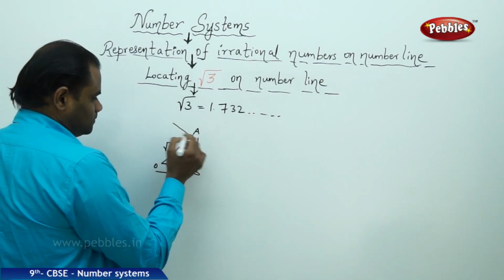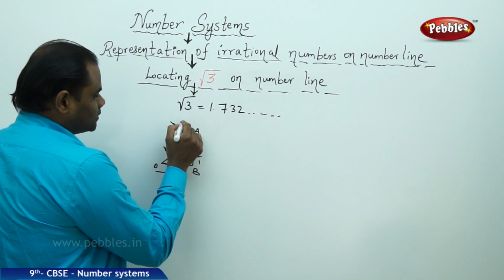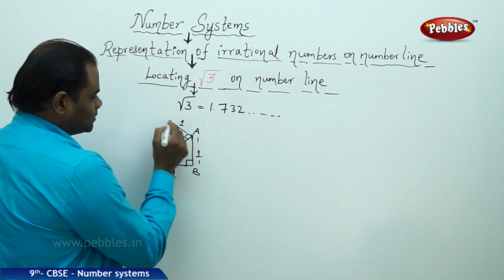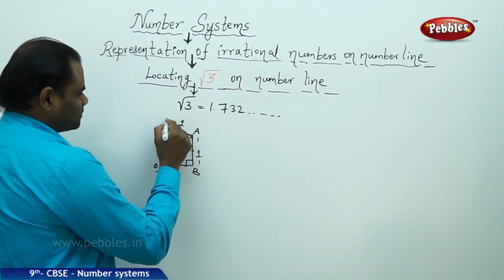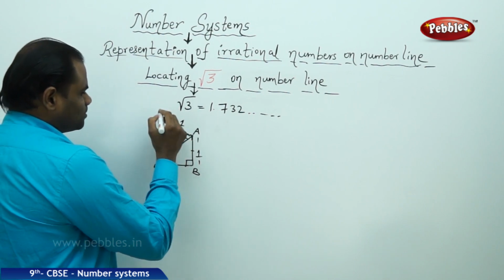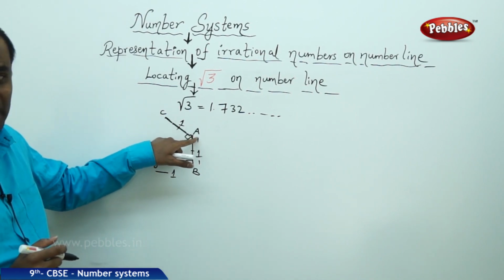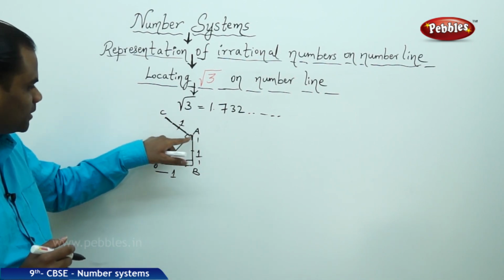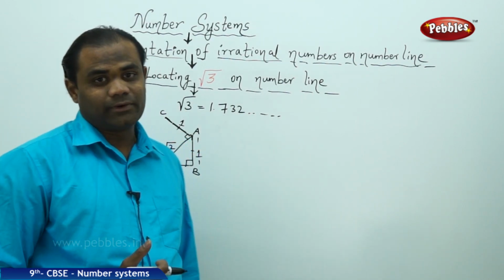So here I construct exactly with the distance being 1 unit. So this is exactly the same as this 1 unit. So here I mark this to be C. So C is the point which is exactly 1 unit from A and which is perpendicular to the hypotenuse OA of the right angled triangle.